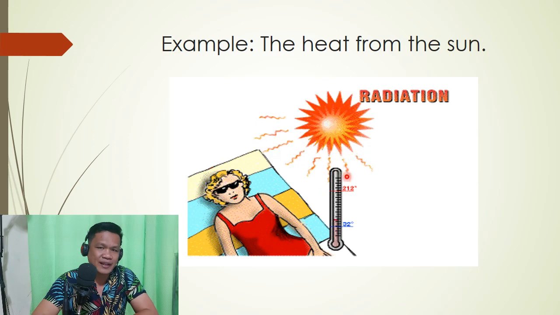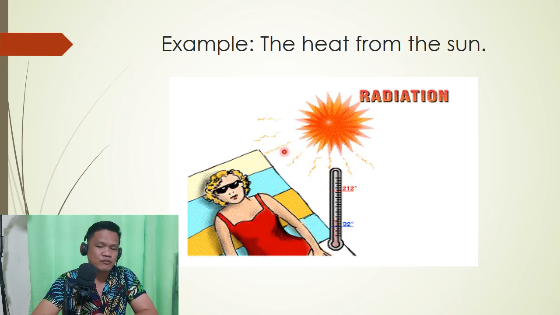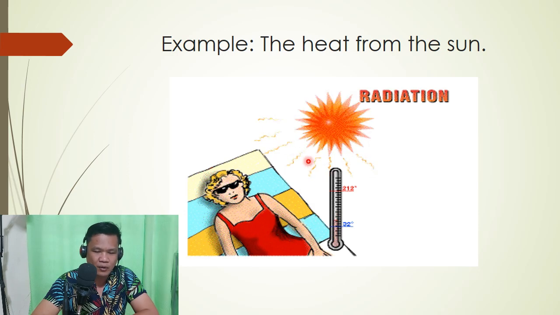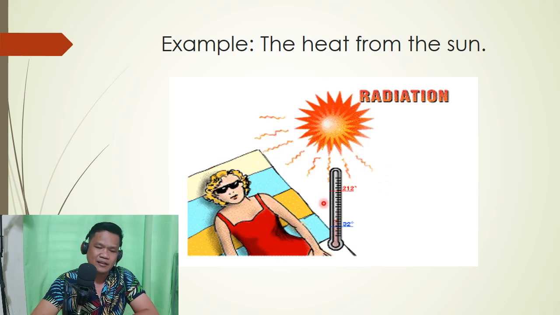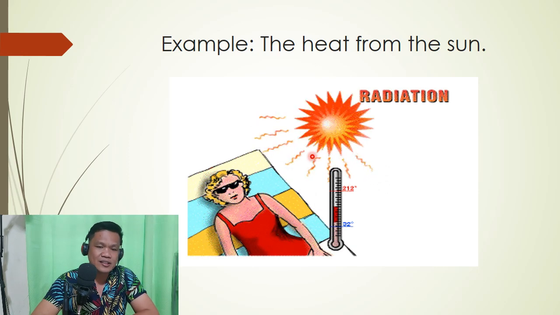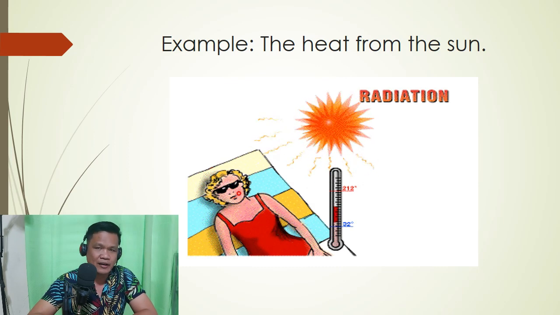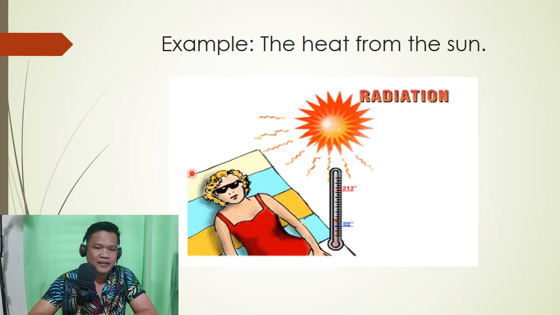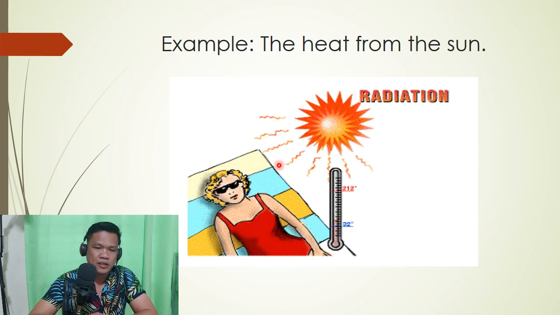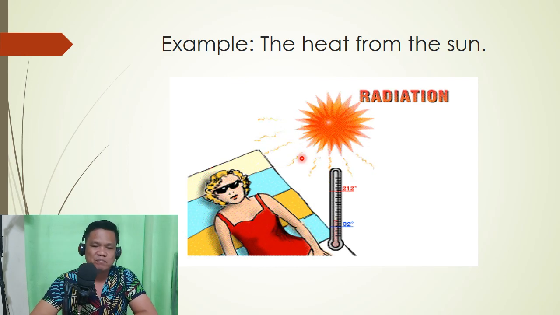However, electromagnetic waves in the form of light can travel through vacuum, and when it reaches this lady, she will be able to feel the heat. This transfer, where there is no contact between two objects and fluid is not involved, where it could happen even in a vacuum, is called radiation.